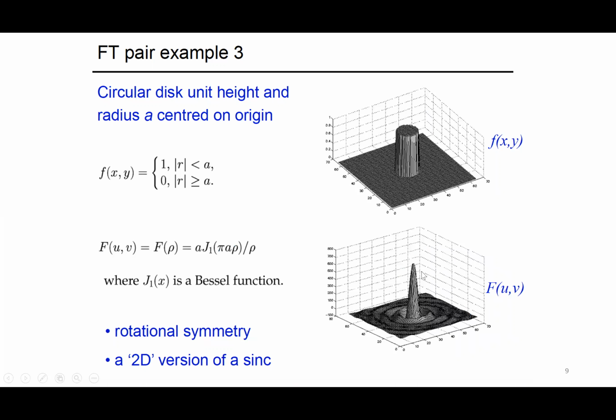Similarly, this is another function which is called a circular disk. Earlier what we have seen is a box function. Now this one is the circularly symmetric disk function. Again, just like this, what you get will be in terms of what are referred to as Bessel functions.